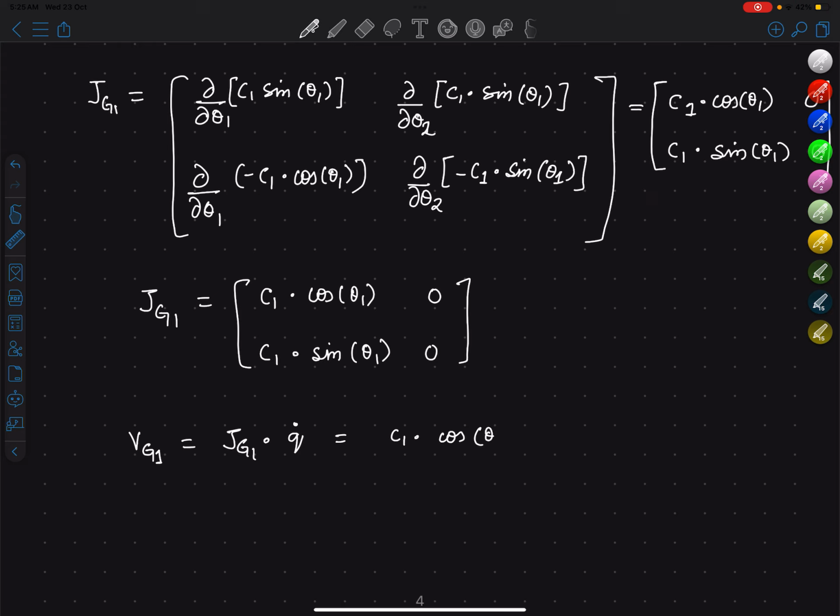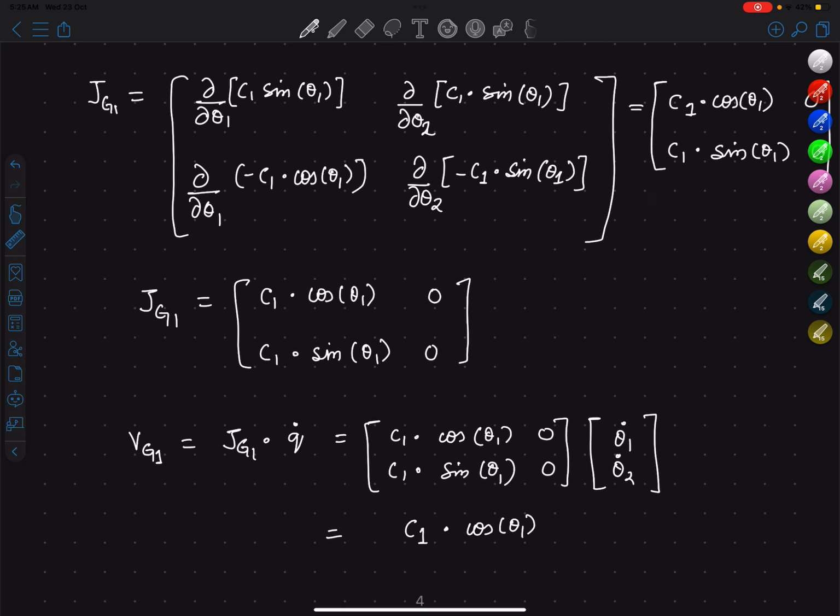Jg1 is c1 cos theta 1, 0, 0, c1 sine theta 1... multiplied by theta 1 dot, theta 2 dot. If you multiply this, you get c1 cos theta 1 dot and c1 sine theta 1 dot. So this is the velocity of g1.